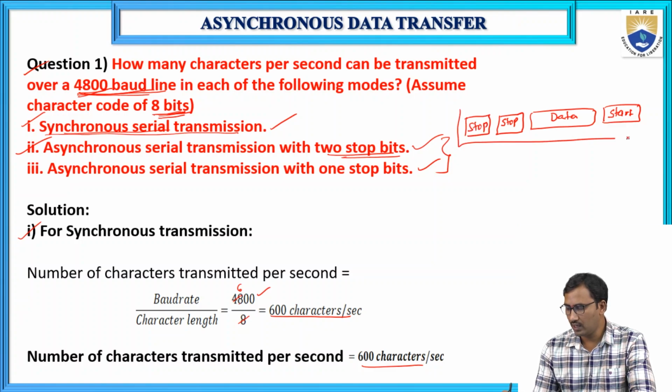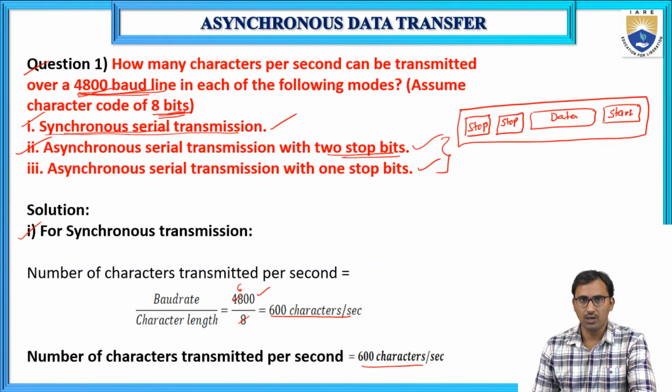This is how we transfer the data from the source unit to the destination unit. We need to find the number of characters transmitted per second in asynchronous serial transmission with 2 stop bits.